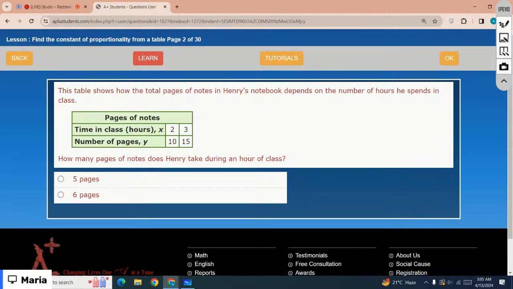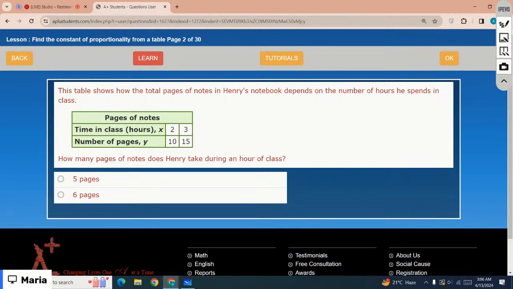Okay, the next one. This table shows how the total pages of notes in Henry's notebook depend on the number of hours he spends in class. You are given the table that tells you the time he spent in class and the number of pages. So you have to do y over x, that is 10 over 2 and 15 over 3. 10 divided by 2 is 5 and 15 divided by 3 is also 5.